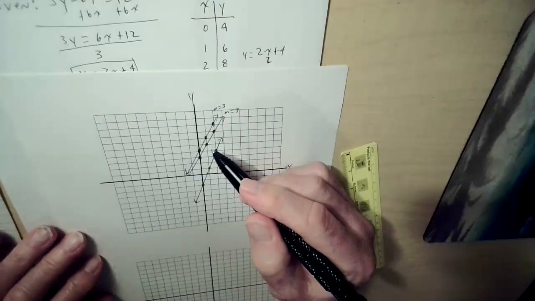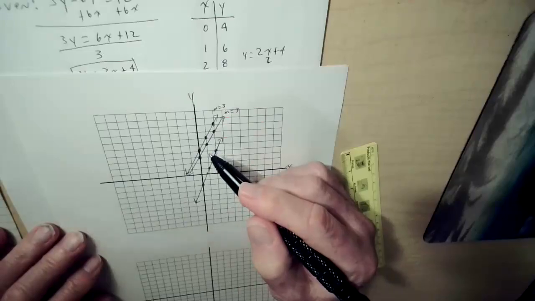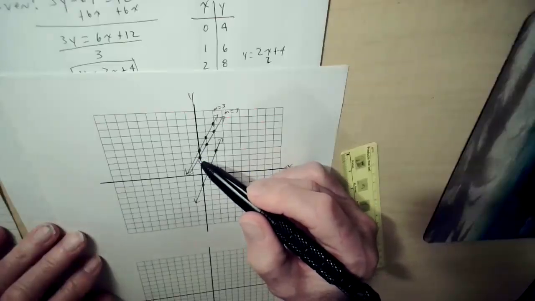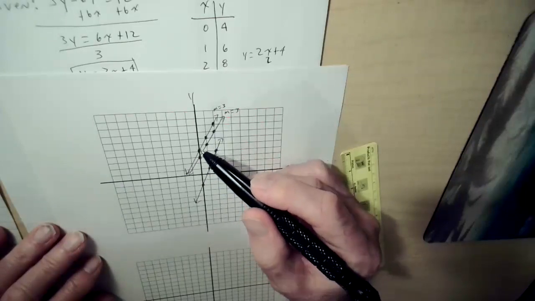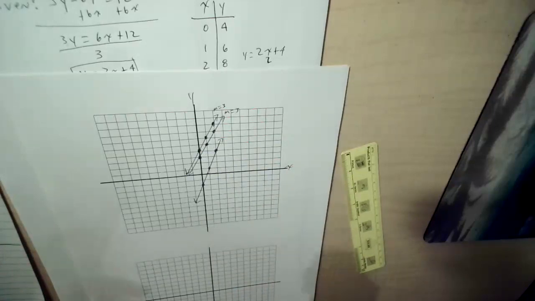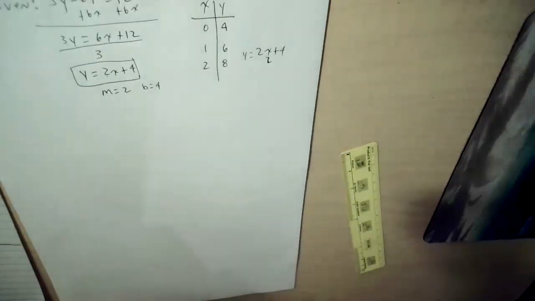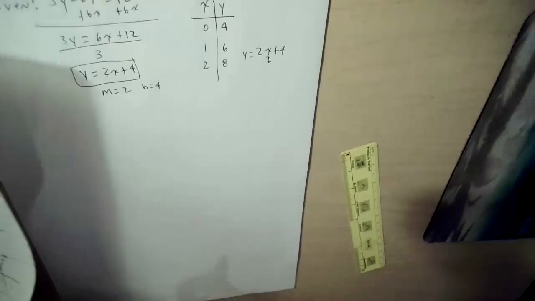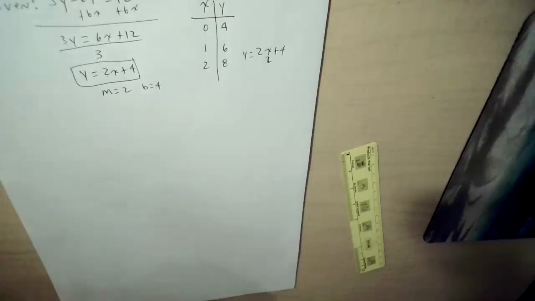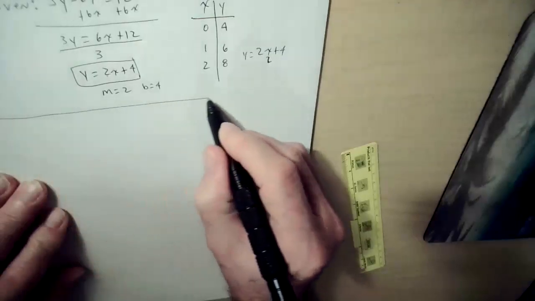What do you notice about these two lines? Anybody? They have the same slope. Exactly right, Mr. Trejo. Too good. Same slope. When the slopes are the same, the lines are parallel. We'll talk more about this in a minute. Same slope, different y-intercept. The lines will be parallel.